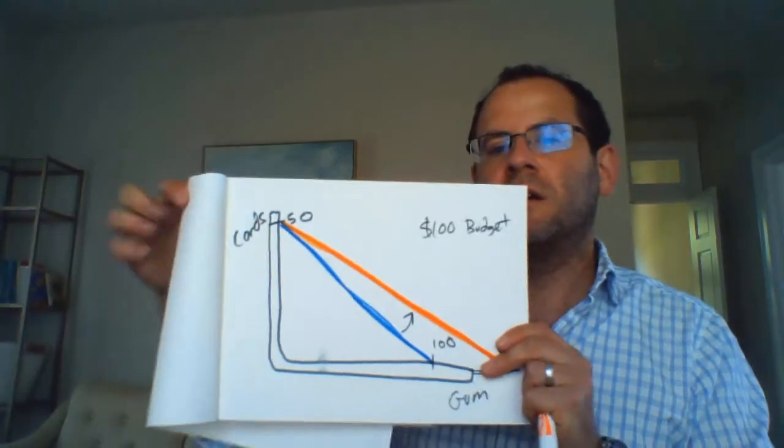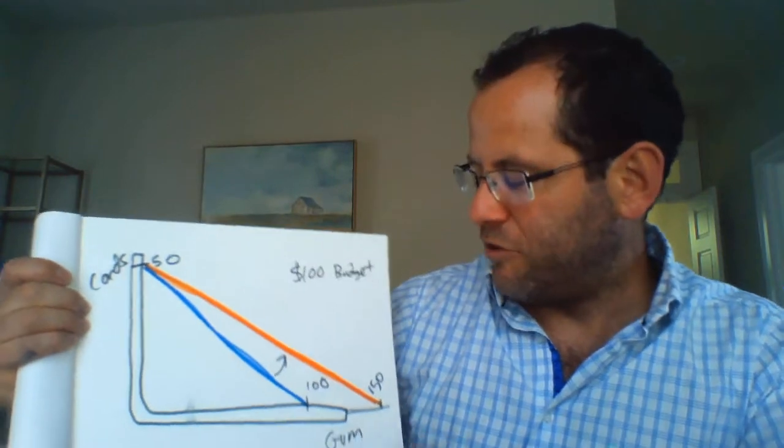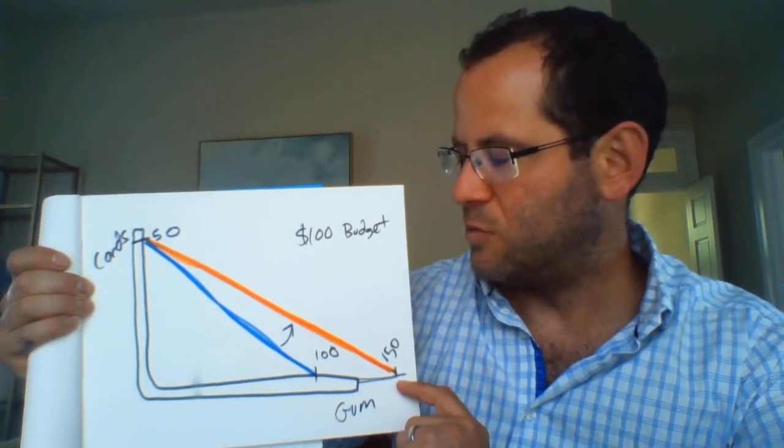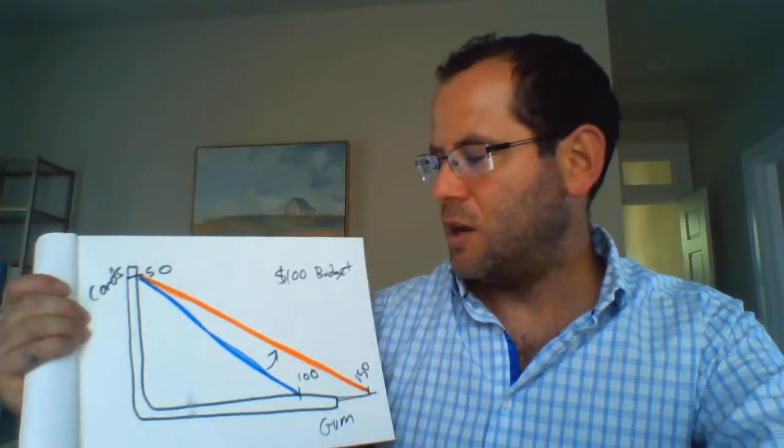So we actually have a new budget constraint now. I drew it in orange. We still have a $100 budget, but our budget constraint looks different because we can now buy more gum because it got cheaper. The price went down, right? So here in blue, we have the $1 per gum budget line.